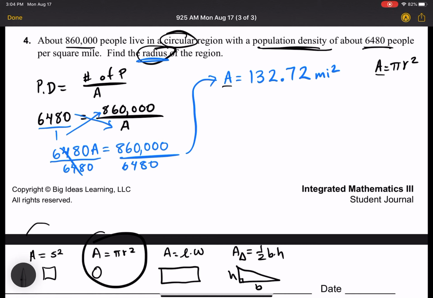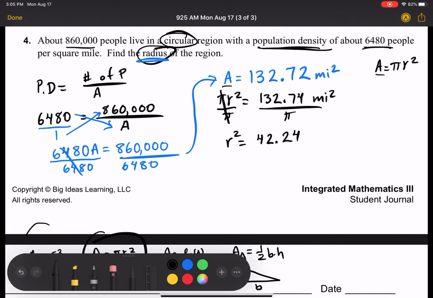I could substitute pi r squared here, and that way I could solve for the only variable that this equation has, which is r. So we need to divide both sides by pi. Pi is a number, approximately 3.14. And if you divide that number by pi, you get 42.24.